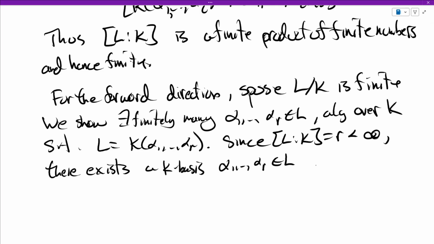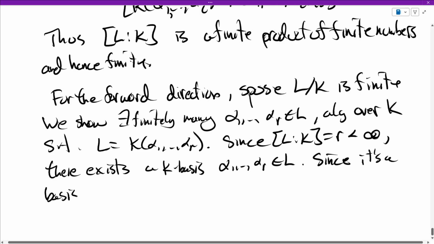It's the size of a basis. Okay. Well, every element in L is a K-linear combination of the basis. So since it's a basis, L is certainly generated over K by the basis.